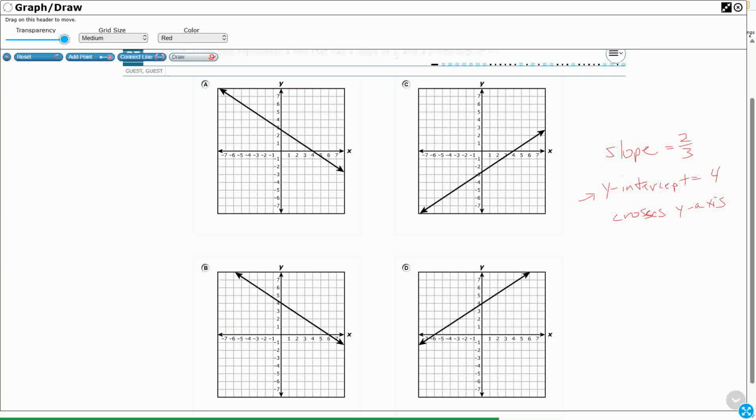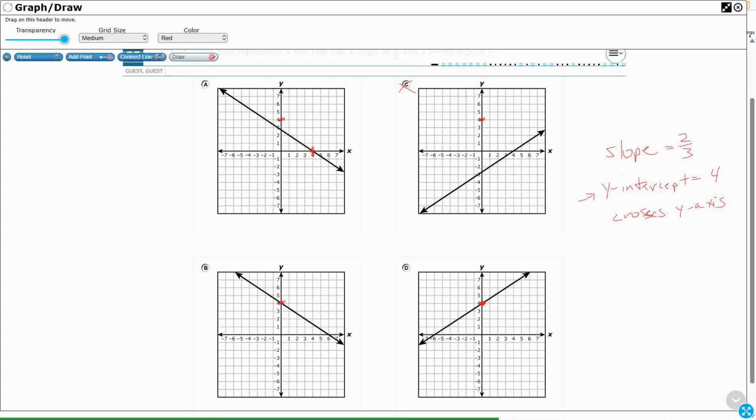And so you see here, I'm crossing it at +4, and there's no cross on this particular one. There is a cross on D. There is a cross on B. And close, but there is no cross on A. Actually, if you look at it, A has an x-intercept of 4.